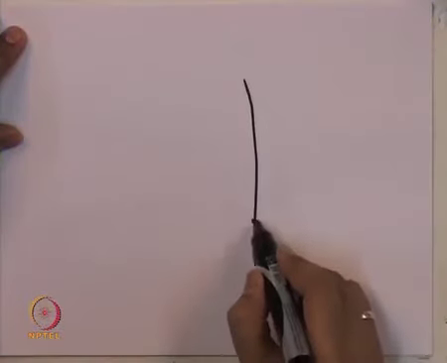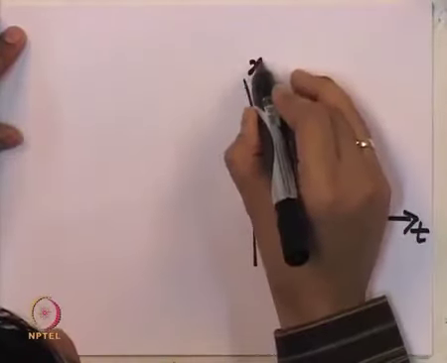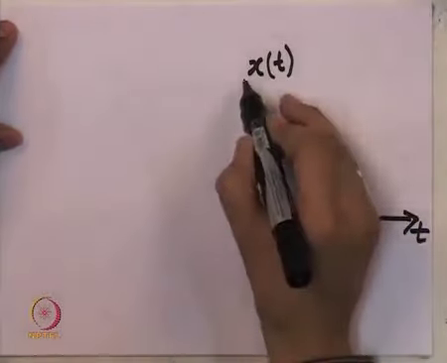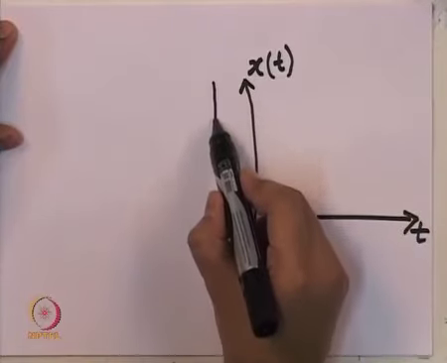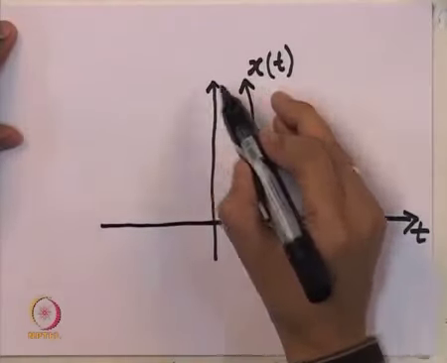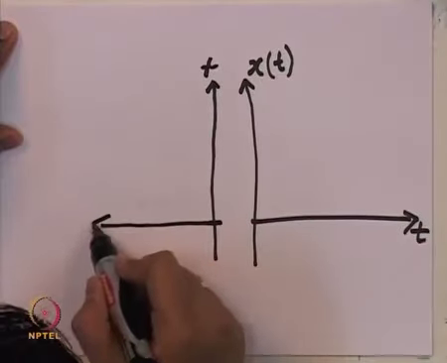But since we are interested in seeing how x varies as a function of time, we are interested not just in f with respect to x, but also in a graph of x versus time, because the variable x is evolving as a function of time. We would like to draw a graph of f versus x and x versus time, and this is one convenient way to do it.